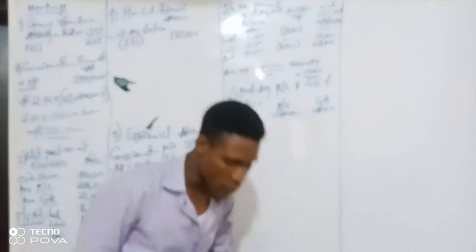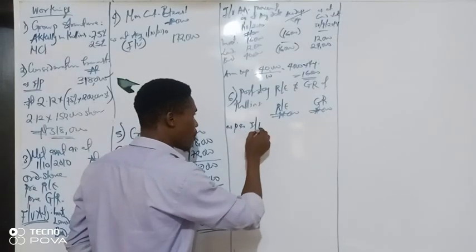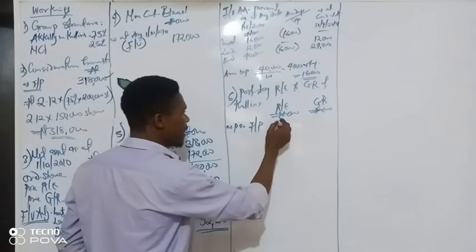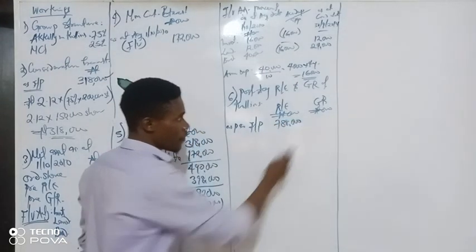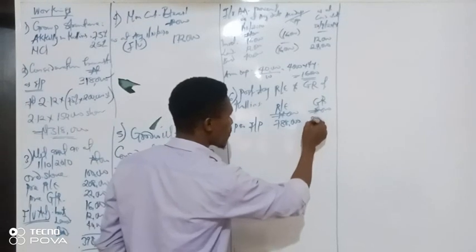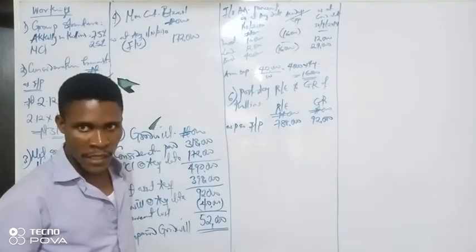As per financial position for each of them, 788,000 for retained earnings, and for general reserve, 92,000. Is that clear?